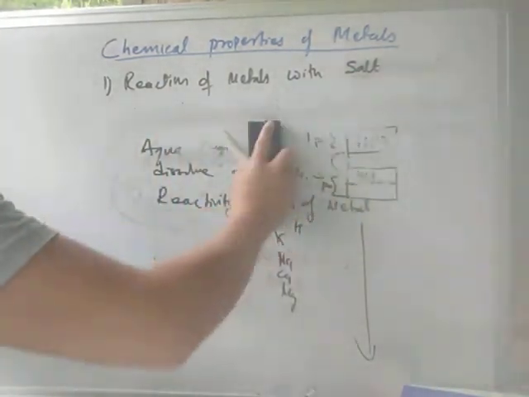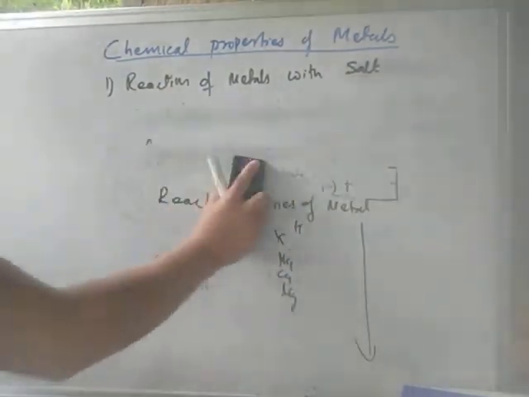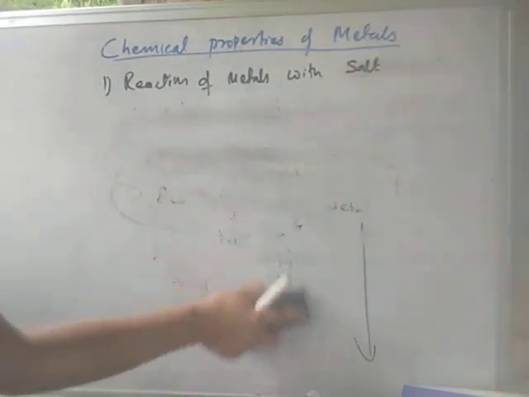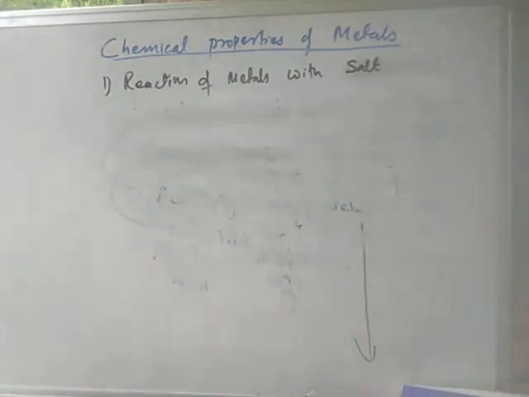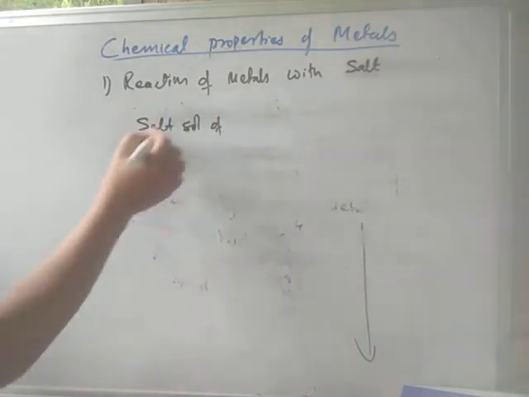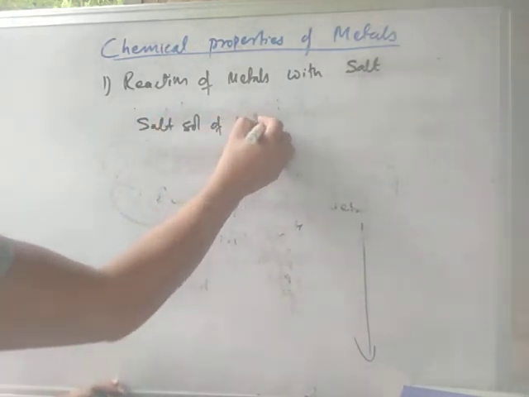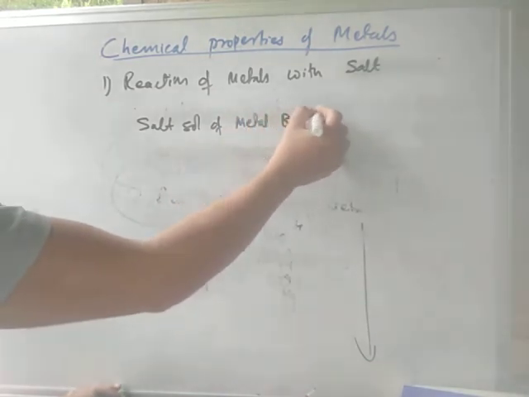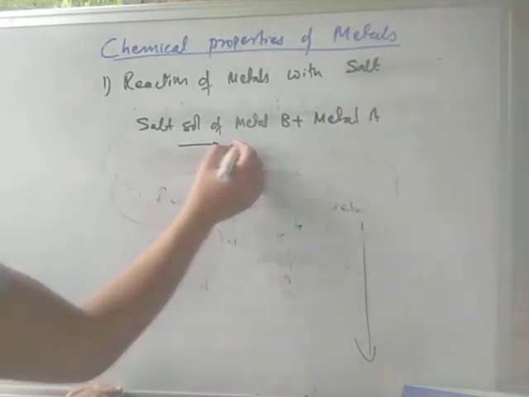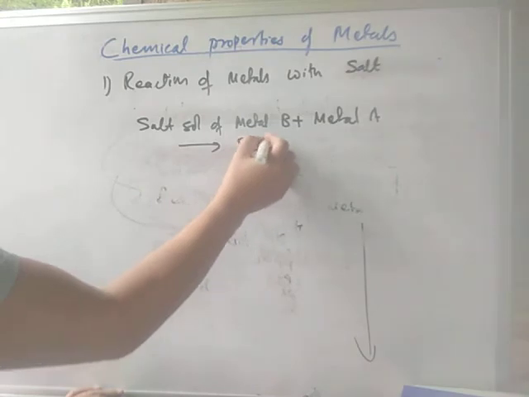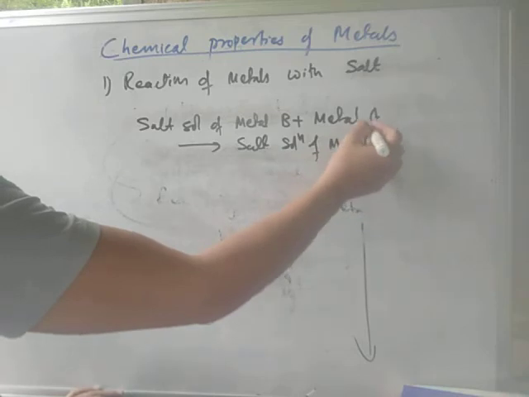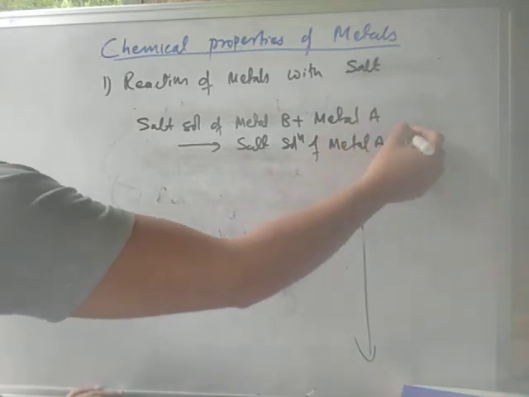Whenever metals react with salt, it gives a salt solution of A plus metal B. So if I have a salt solution of metal B plus metal A, then it will give a salt solution of metal A plus metal B.